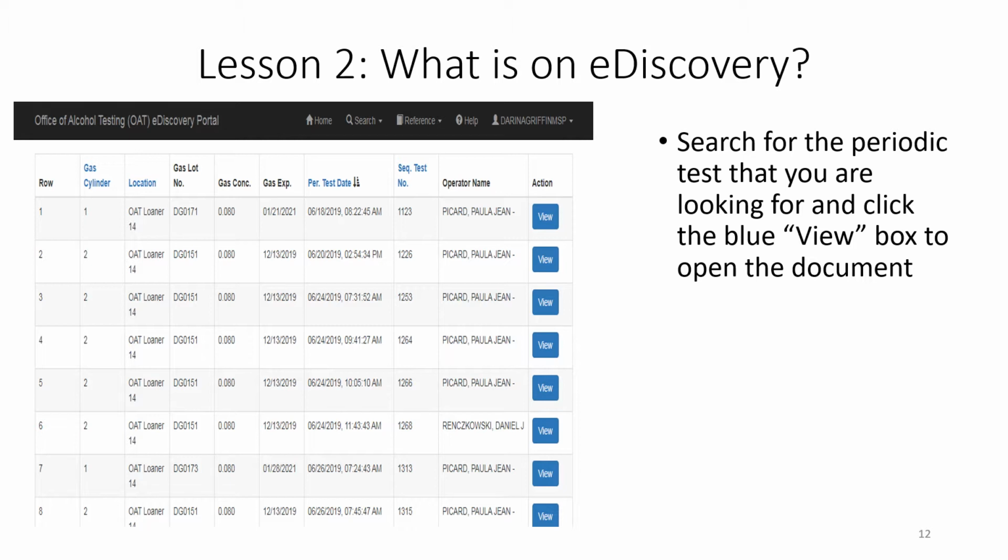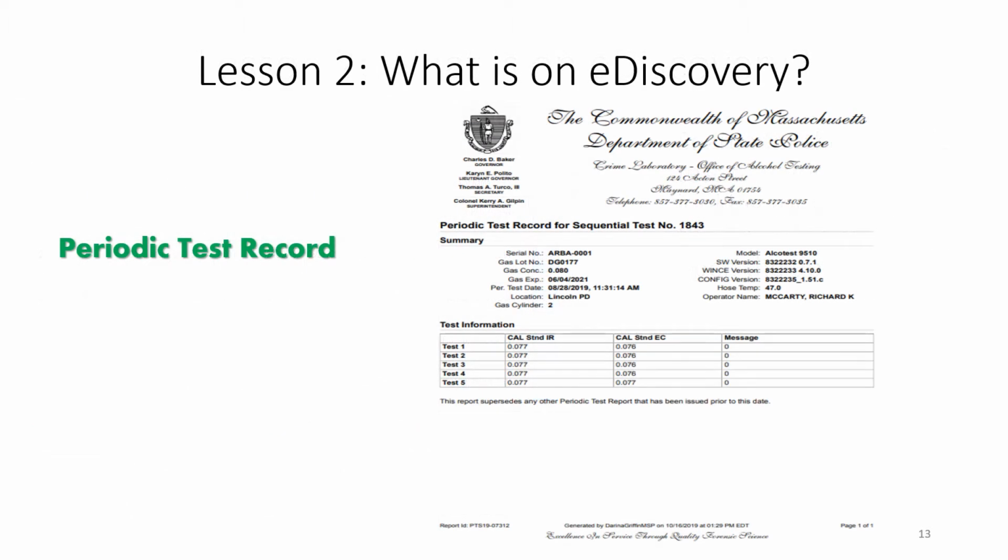If you're looking to actually view the periodic test information summaries, you can click on that blue hyperlink that says View on the right-hand side, and it will open up the periodic test information. So as I mentioned, if you select one of the periodic test records that you're looking for by clicking that blue View hyperlink on the right-hand side, you can open up a document that at the top will say periodic test record.